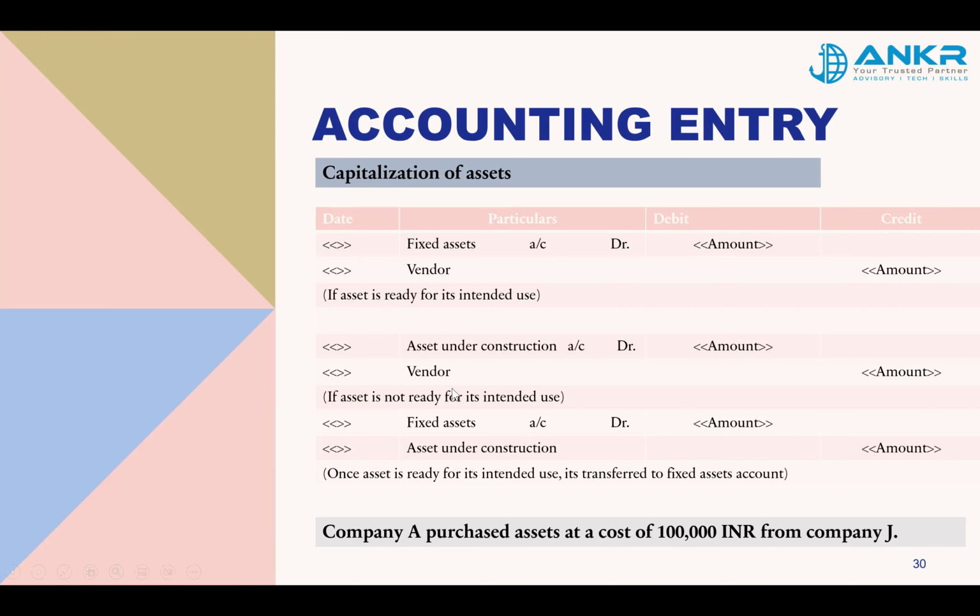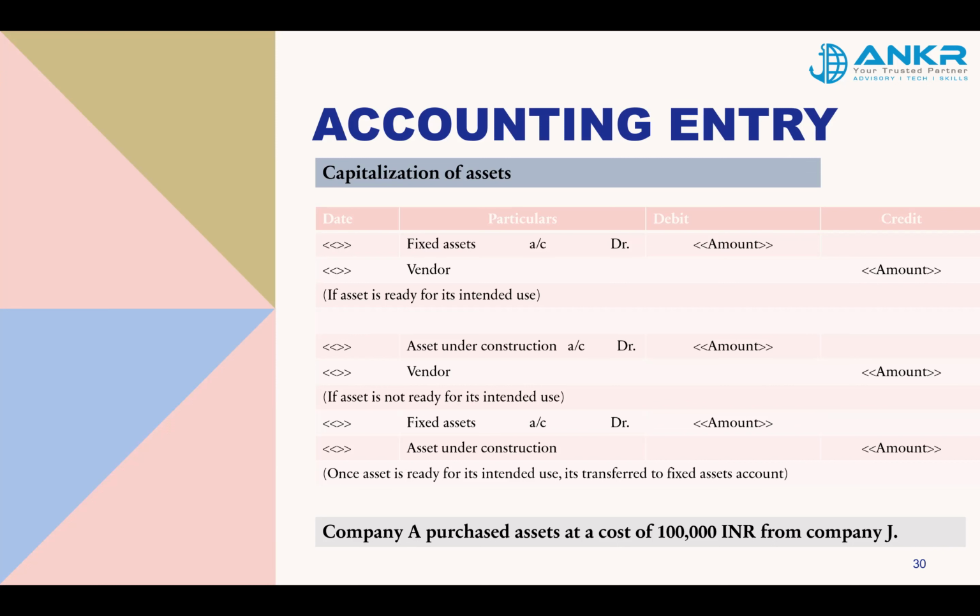So you see, in two situations: where the asset is ready for its intended use, the entry is fixed asset account debit to vendor account. And when the asset is not ready for its intended use, you will keep parking the amounts under asset under construction account debit to vendor account.